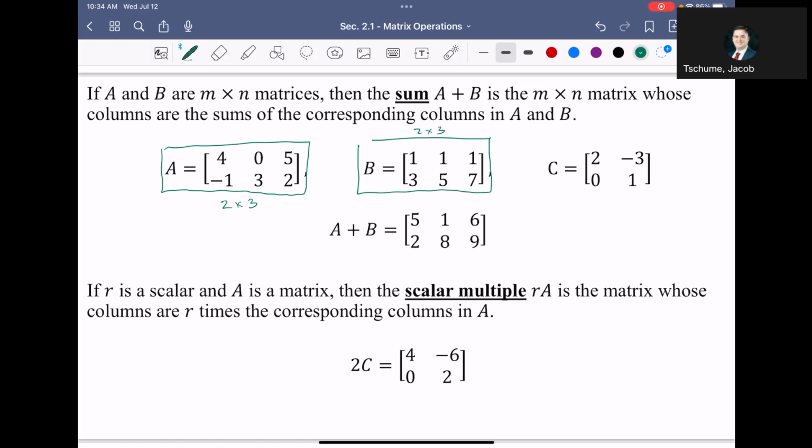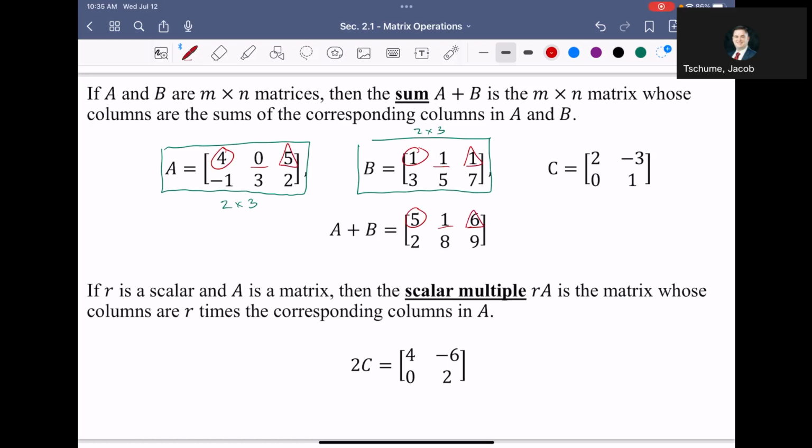If you double check me here, I'll just circle the first couple. I would start by adding the 4 and 1 together, which is where 5 came from. And then 0 and 1 get added to get 1. And then I'll use a triangle here: 5 plus 1 gives you 6. And you would continue that trend for every element of both matrices to get your final A plus B matrix.